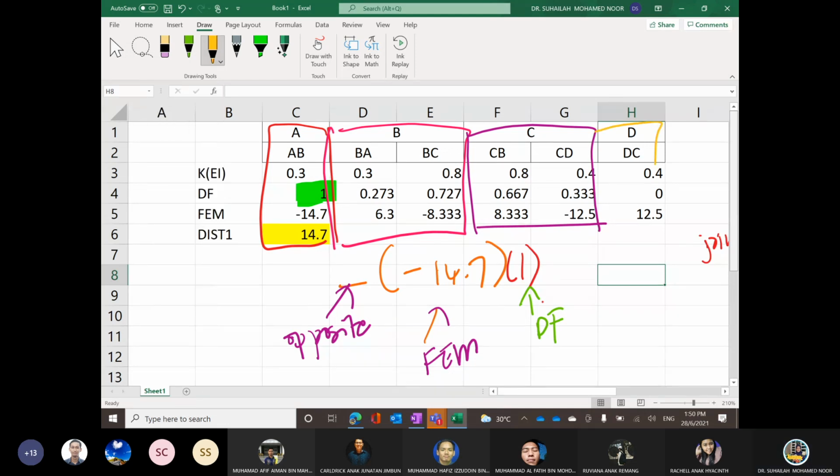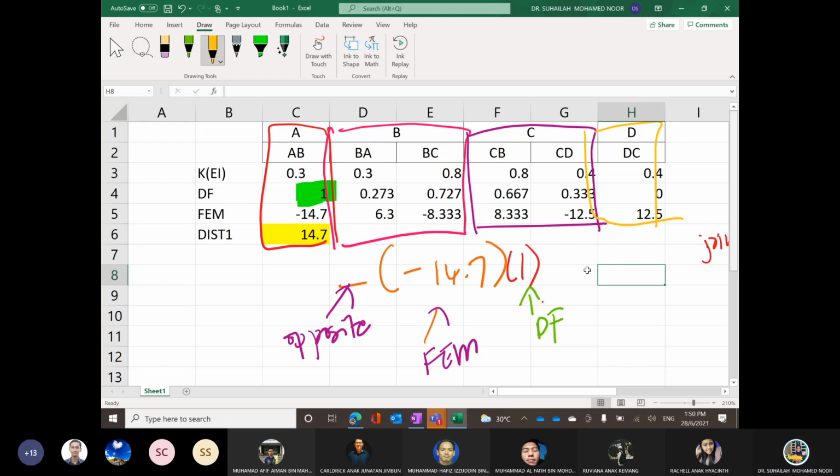This is D. The one that we have done just now is only focusing on joint A. Now we will move to joint B.